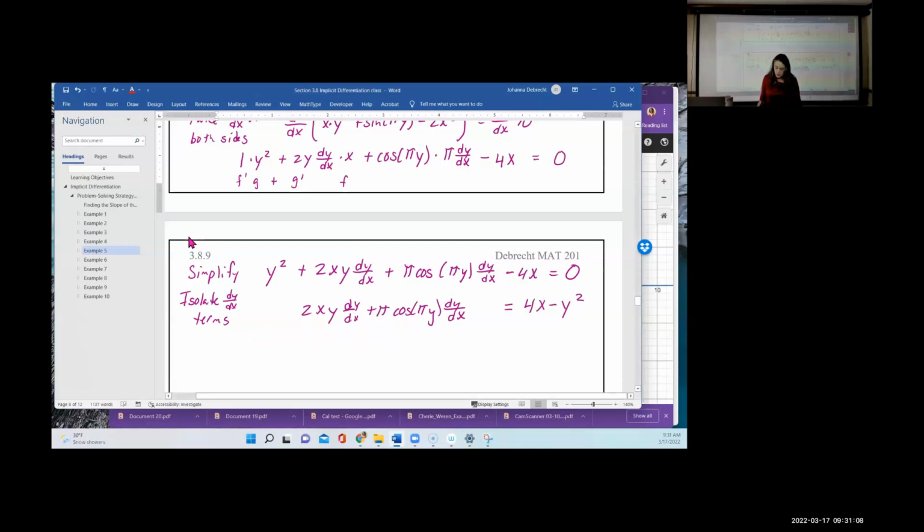And the next thing we want to do is factor out the dy dx, only dy dx. We're not looking for a common factor. We're only wanting to isolate dy dx.